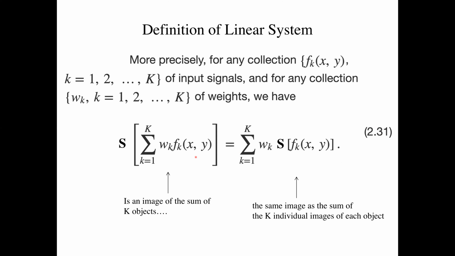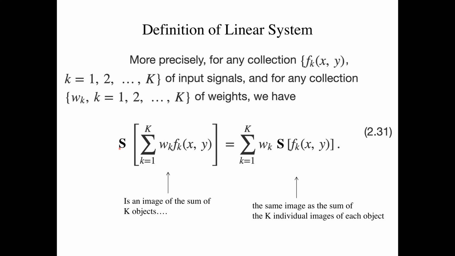So what linear means is, if I have a sum of, say, capital K different objects, and I add up those objects into a new object with different weights, and then I send that into my linear system, I get a g(x,y).